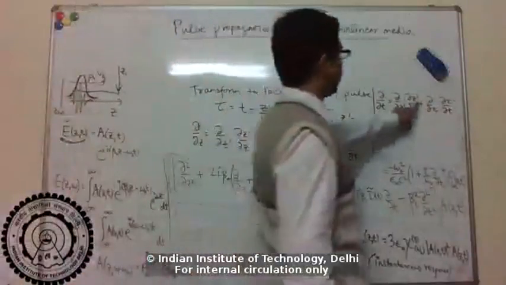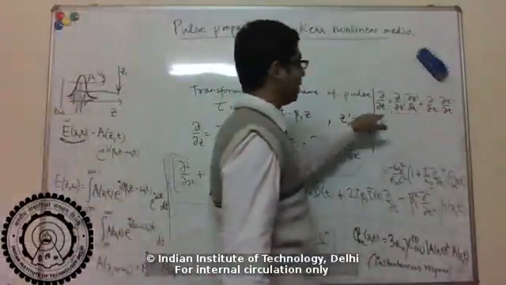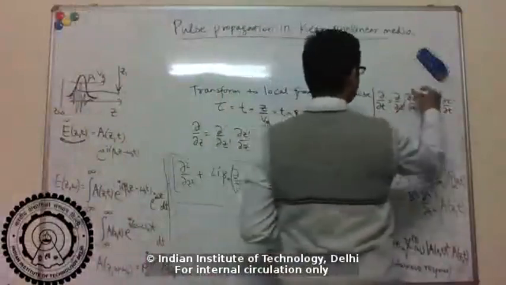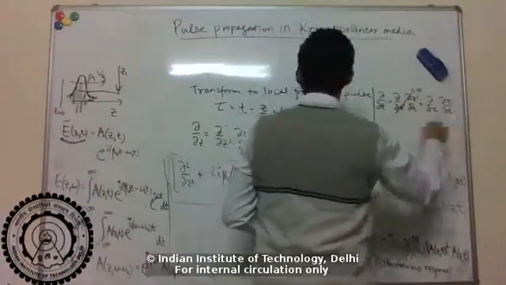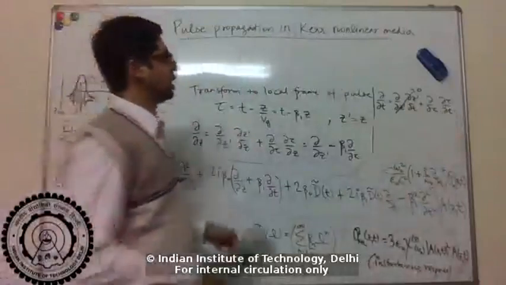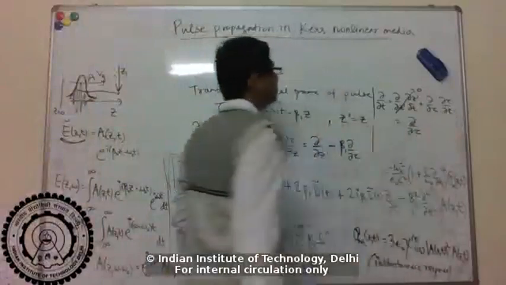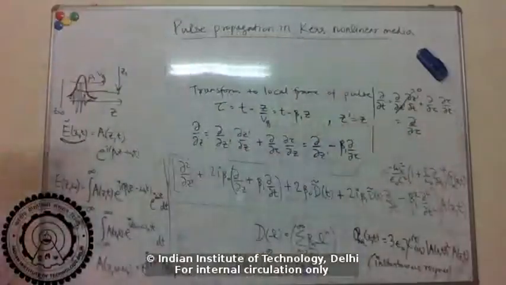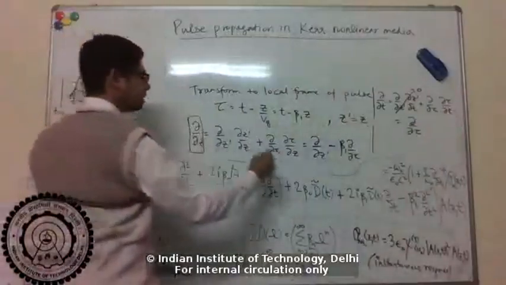Now del z prime by del t is 0, because z prime is only dependent on z, not t. And then del tau by del t is just 1. So del by del t is just del by del tau. Okay, so we have these transformations now.